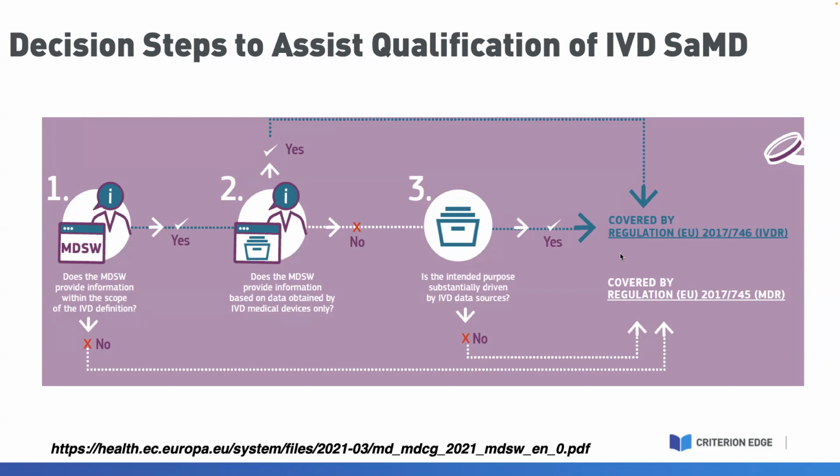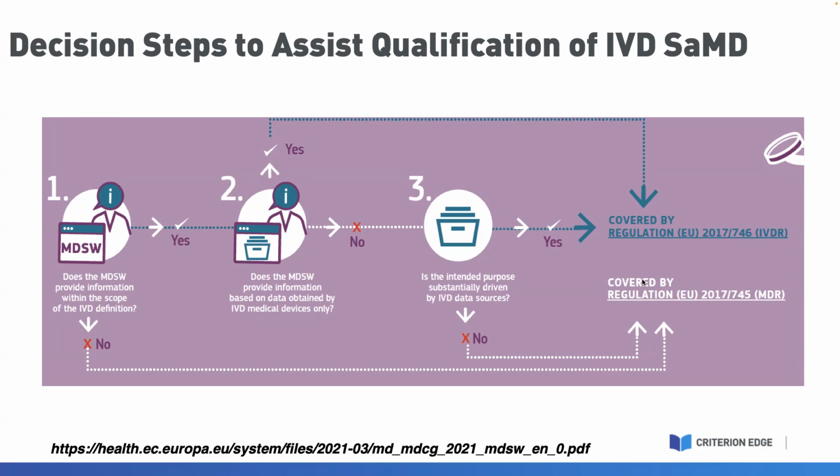So really your first step to qualify under the IVDR is to verify that the software is intended for in vitro diagnosis. So an in vitro medical device means a device which is a reagent, software, or system, whether used alone or in combination, intended to be used for in vitro examination of specimens from the human body.